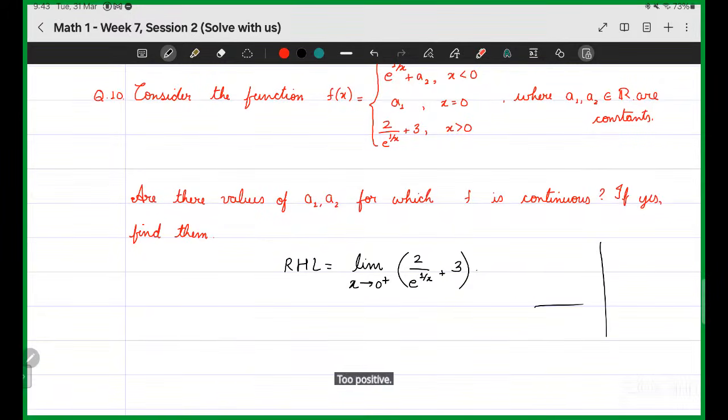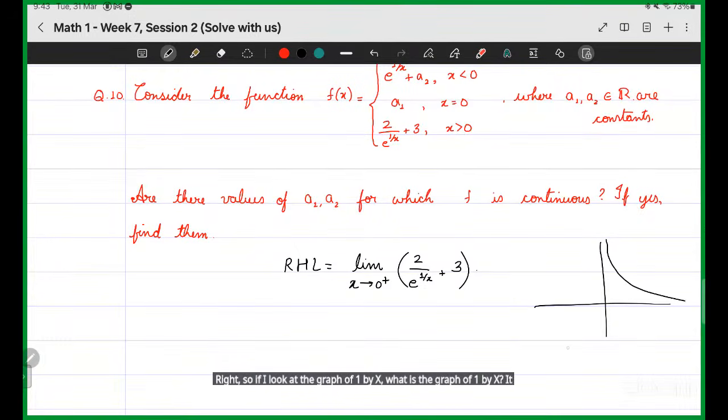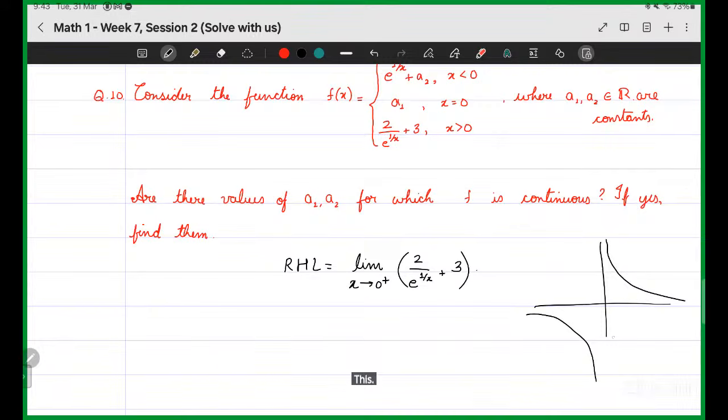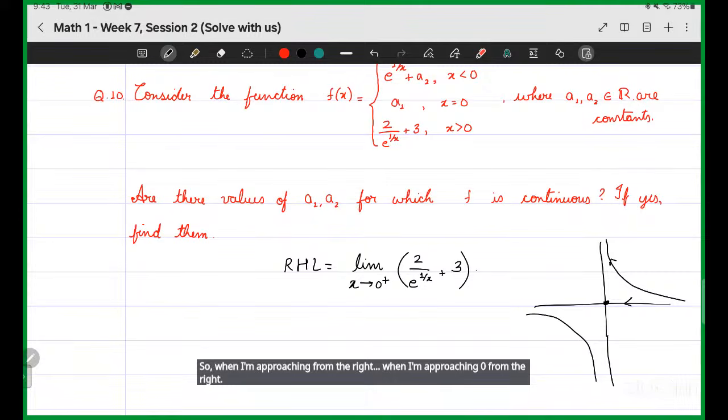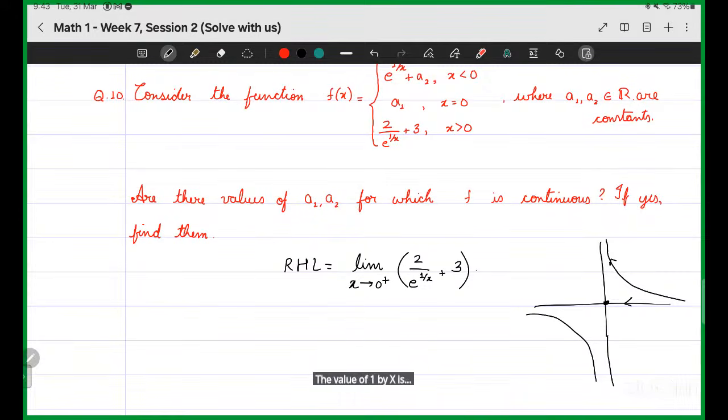If I look at the graph of 1 by x, it will look like this, right? This is the graph of 1 by x. So when I'm approaching 0 from the right, the value of 1 by x is very large, or tends to infinity. So e to the power that also goes to infinity.